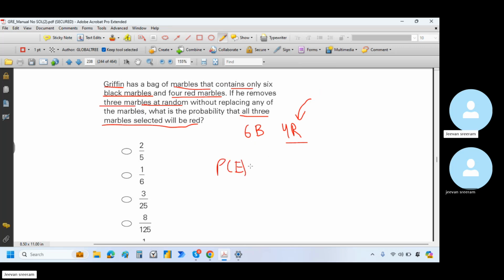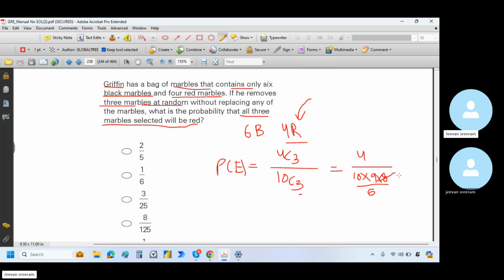P of E is equal to 4C3 by 10C3, right? It's 4 by 10C3. 10 must be written reducing 3 times because we have 3 here: 10, 9, 8, divided by 3 factorial, which is 6.